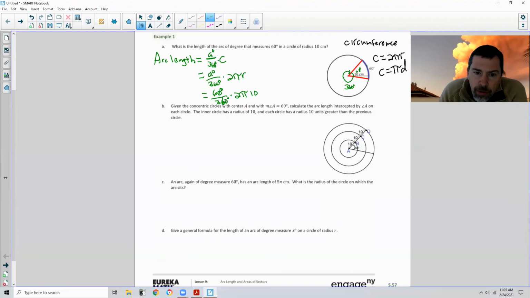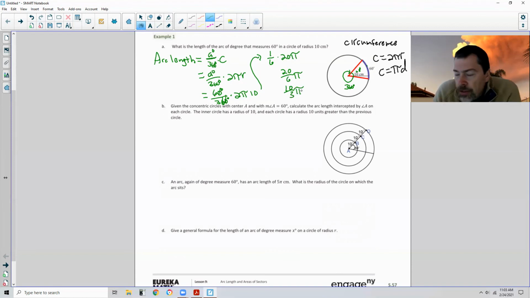This 0 will cancel this 0, and 6 will go into 36 6 times. So this simplifies to 1/6, and 2 times 10 is 20. 20 pi over 6, which reduces to 10 over 3 pi. If it doesn't say to simplify or round to so many decimals, leave it in pi form.